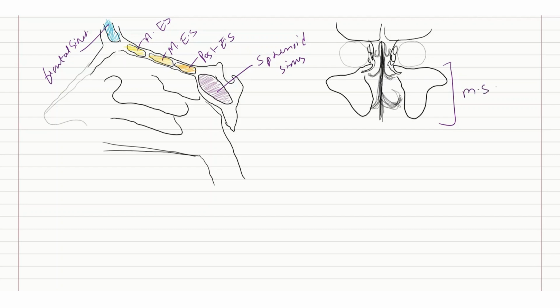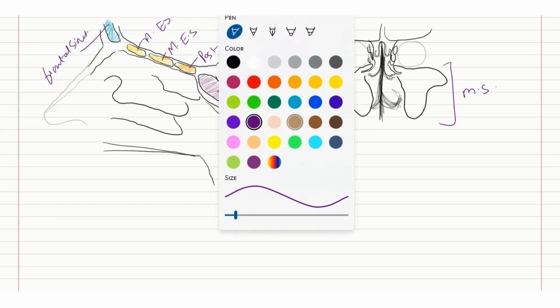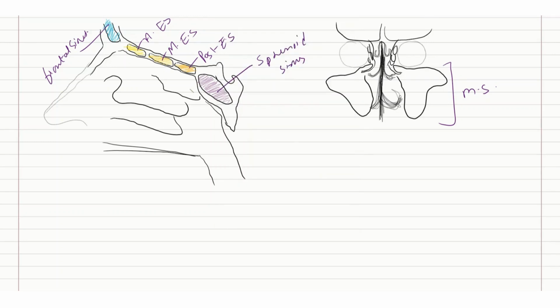Now, there are three turbinate bone processes, which you can see right here. This is the superior concha. This is the middle concha. And this is the inferior concha. Superior and middle concha are one bone and inferior concha is a separate bone.